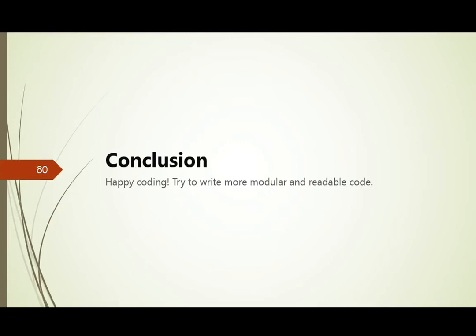Finally, happy coding. Try to make your code more modular and readable. And to make your code readable, don't forget to use the naming conventions. In the demo coding, I haven't shown you the naming conventions, but it's really a good practice when you write real-life code or enterprise code.